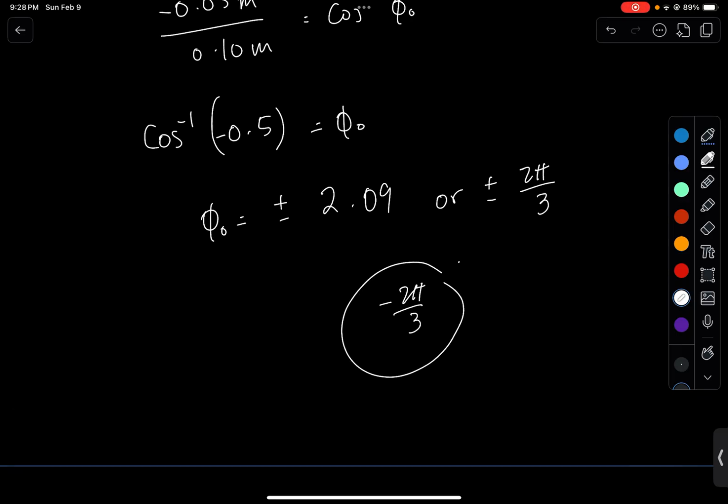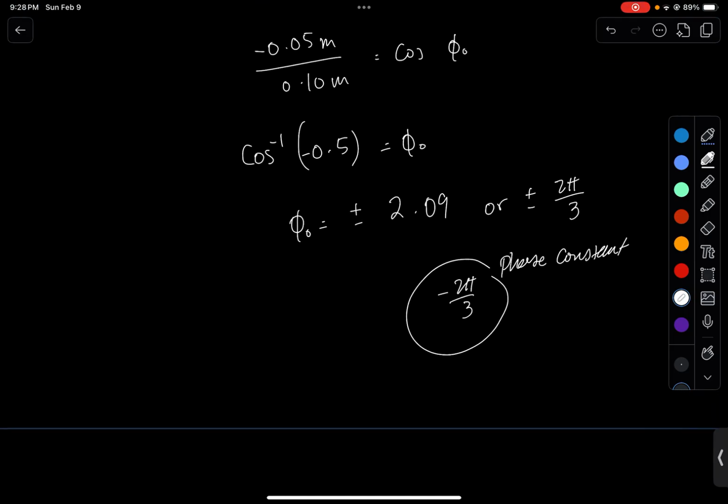This is our phase constant. We're just gonna rewrite our position as a function of time equation to plug in our phase constant. It's x(t) equals 0.10 meter cosine of omega t minus 2 pi over 3.